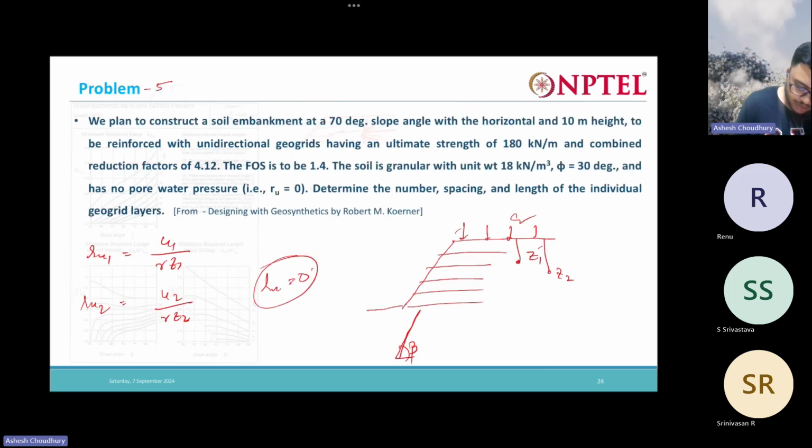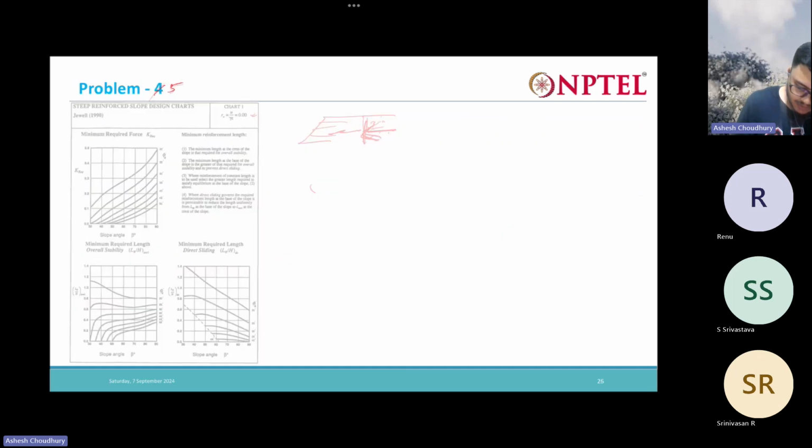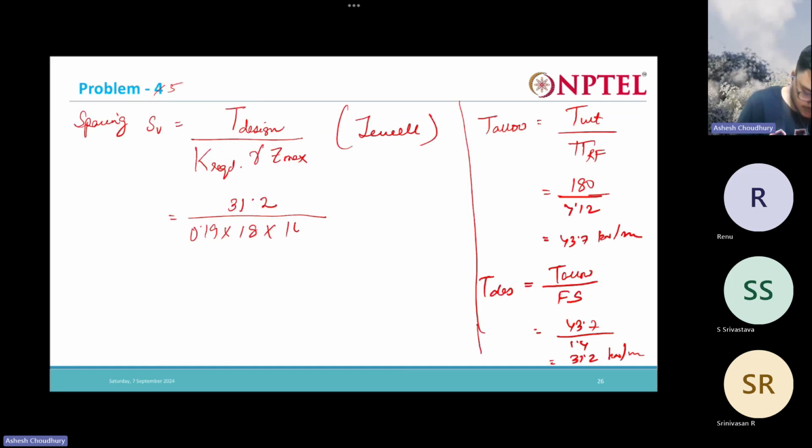Z maximum is going to be 10 meters from here. So this one will come out as 0.9.